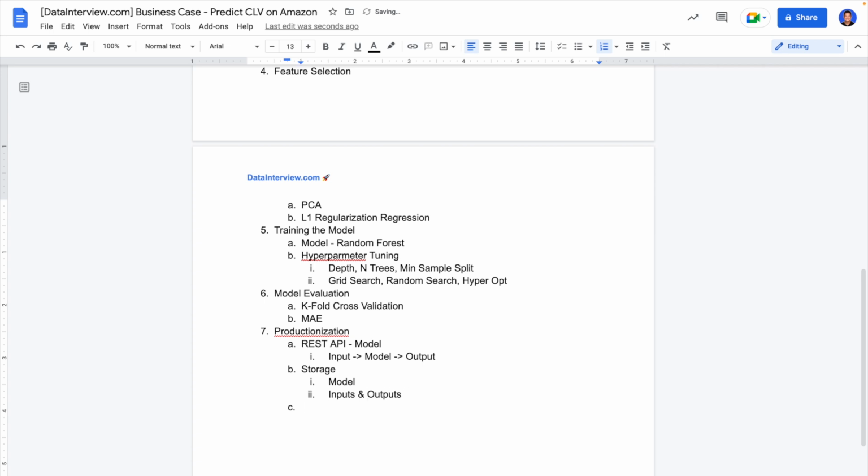The reason is that once we have the inputs and outputs stored in some sort of database, let's just say Postgres, or it could be some sort of time series database like Druid, for instance, then we could use it for monitoring. So we can measure the model performance over time. Other types of monitoring we also care about are latency and bugs. All of these are useful ways to track the health of the model.